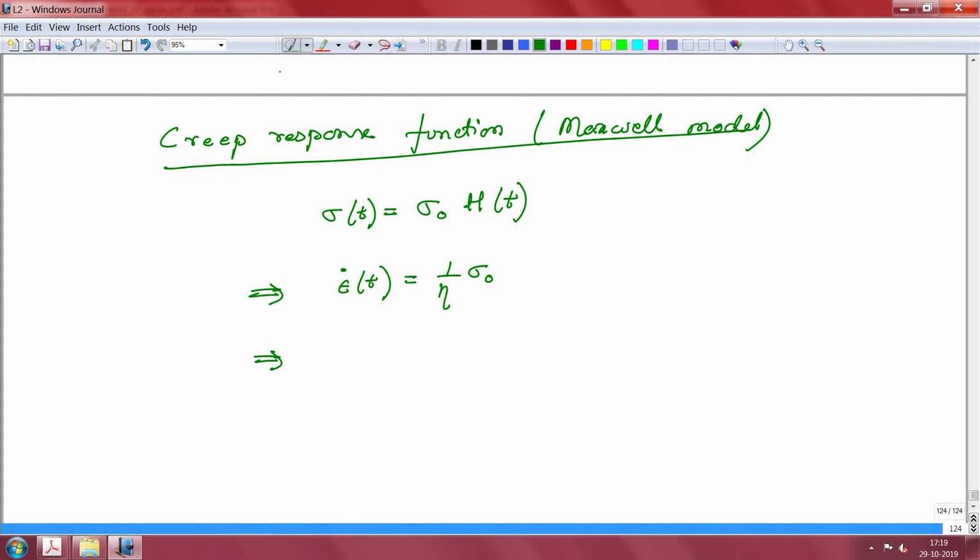And from very elementary ODEs, we know that when you integrate this, what you are going to get is a linear function, right.